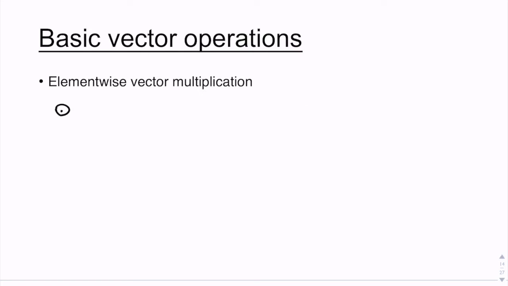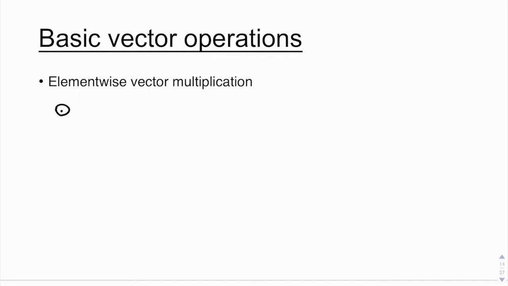So you may wonder, what is that? As I said, when it comes to matrices and vectors, we define different types of multiplications. One of these multiplications is element-wise vector multiplication, which means we are multiplying the elements of two vectors element by element.